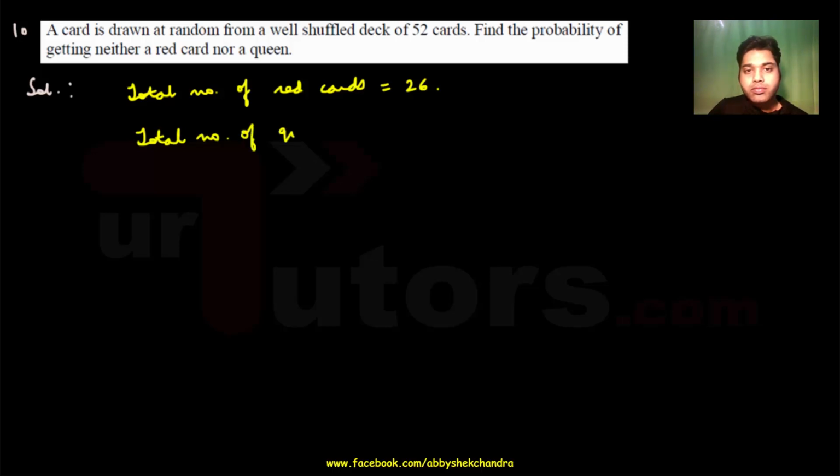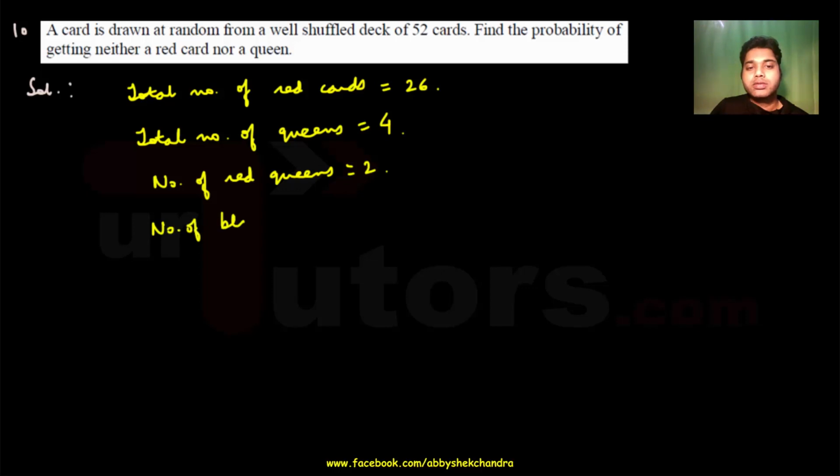So let's solve it. Total number of cards, total number of red cards is how many? 26. Total number of queens is how many? 4. Number of red queens is 2.